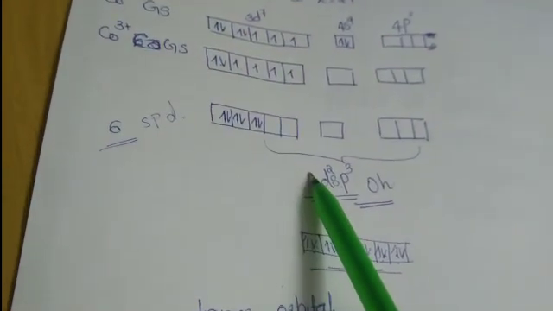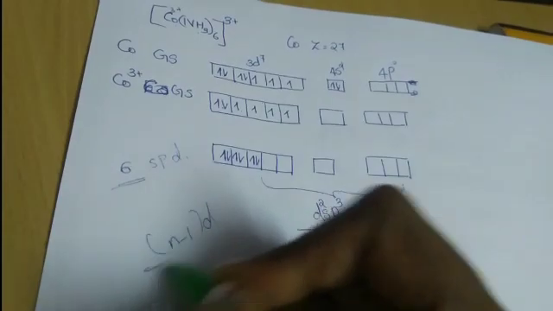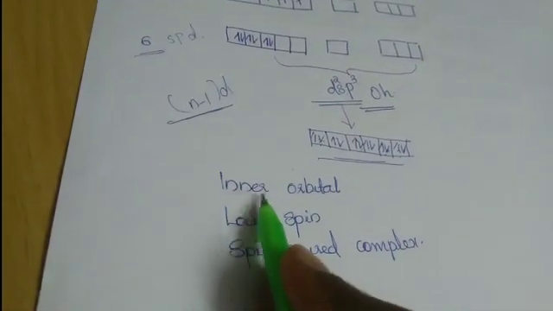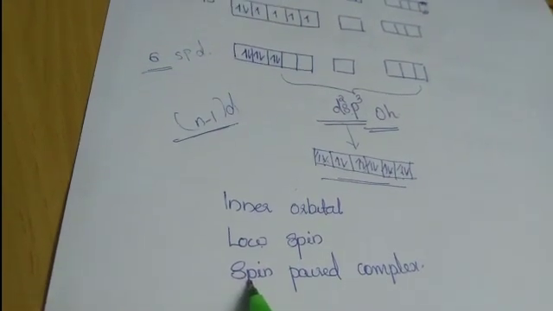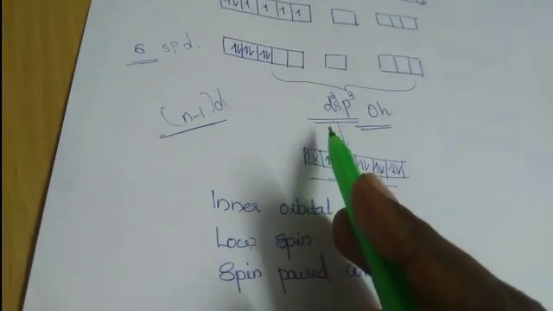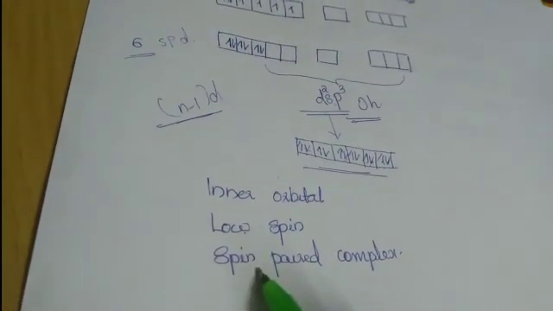Then in this complex, since the inner d, that is the (n-1)d orbital, is used, it is called an inner orbital or low spin or spin paired complex. Okay, since the inner orbital is used, it is called inner orbital complex or low spin complex or spin paired complex.